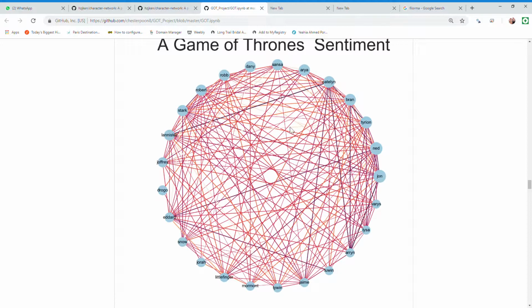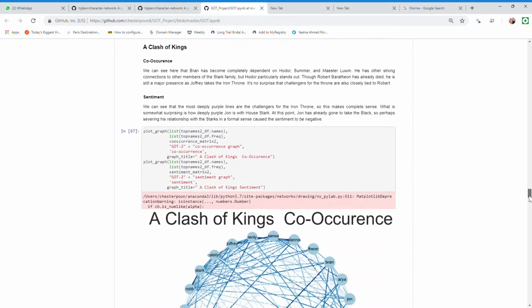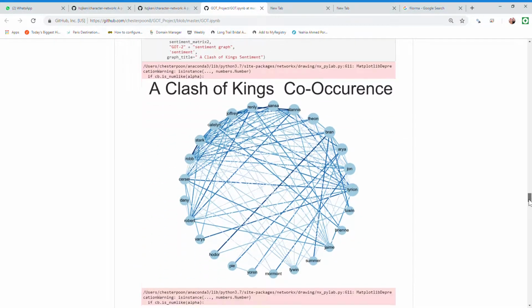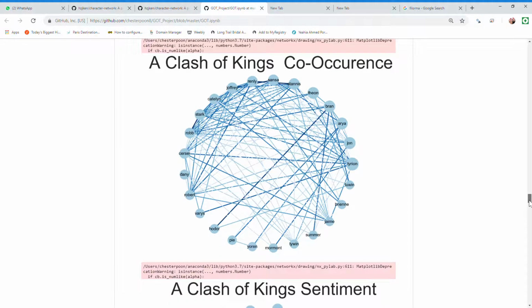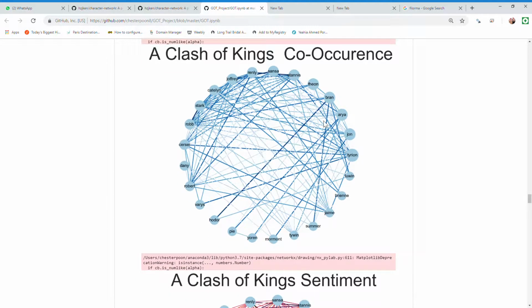So if we look at Sansa to Jamie, it's lighter, and you could assume that as the book series goes on, these relationships change. So that's why we decided to plot them out individually. In book two, we can see certain other characters are showing more importance in terms of how frequently they show up.